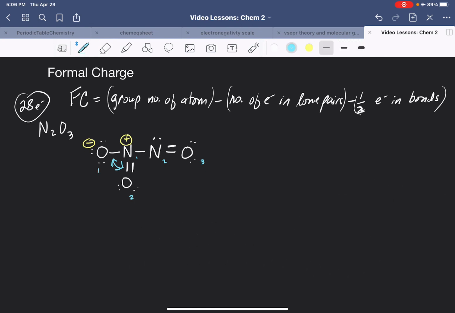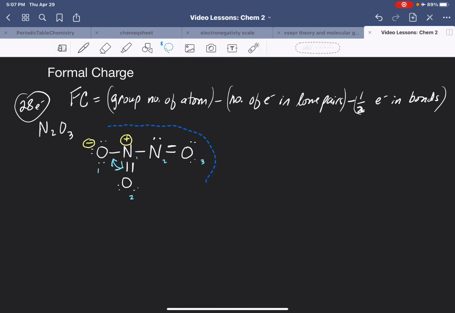It follows rules 1, 2, and 3, and it's built very, very well. It's built properly. The octet rule is satisfied for everything, etc. But in the end, if you were to look at the structure itself, it doesn't work itself out as well as it could.